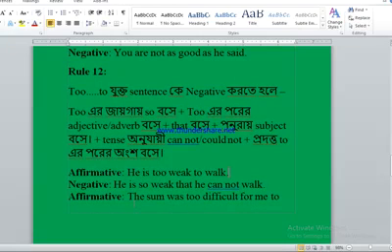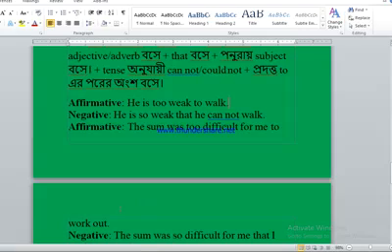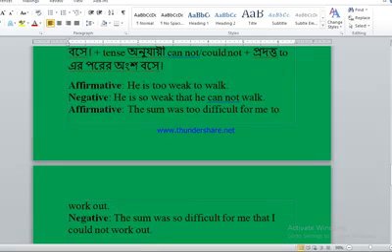The sum was too difficult for me to work out. Okay, let's see. The sum was too. The too is replaced by so difficult for me. Here you have got for and you use for.